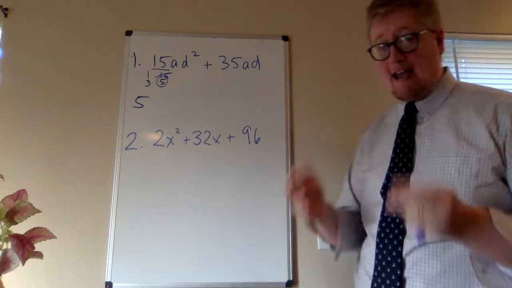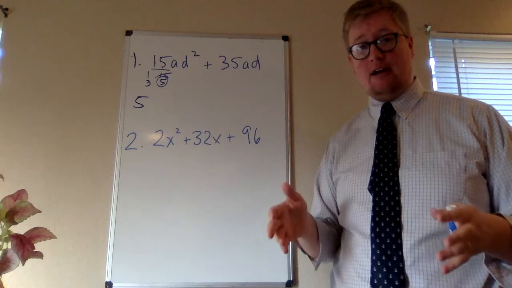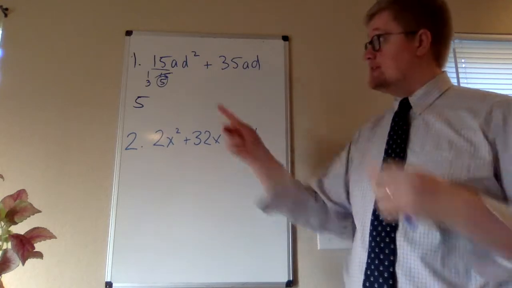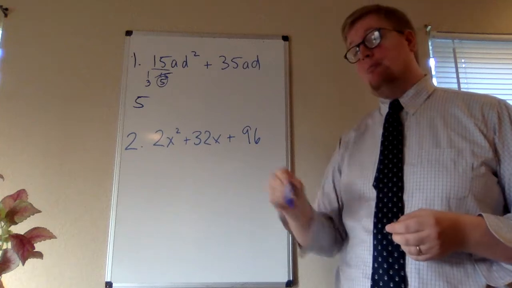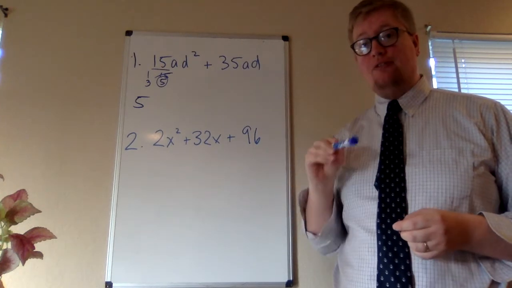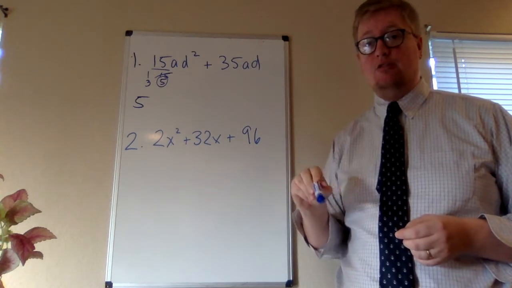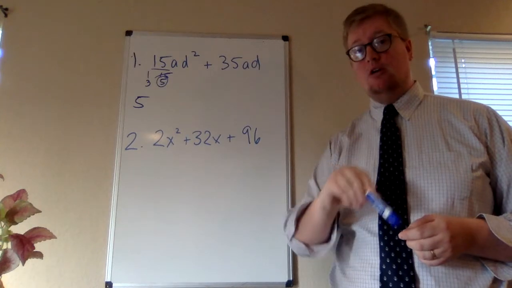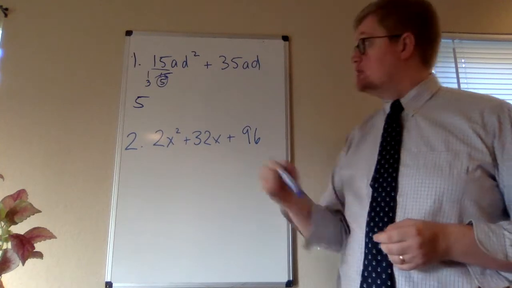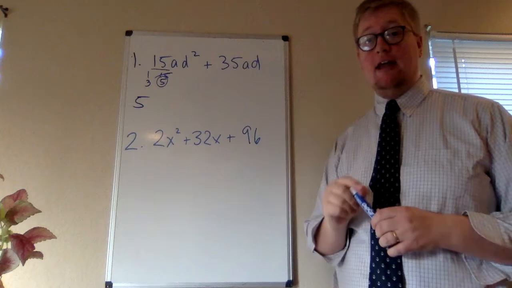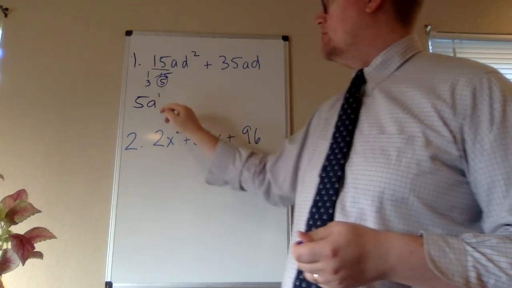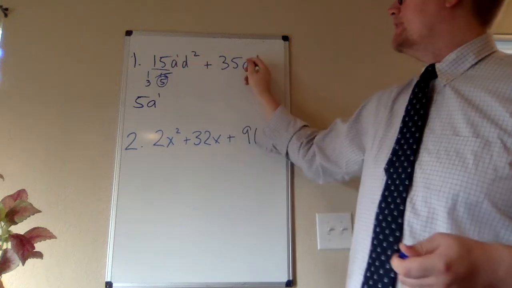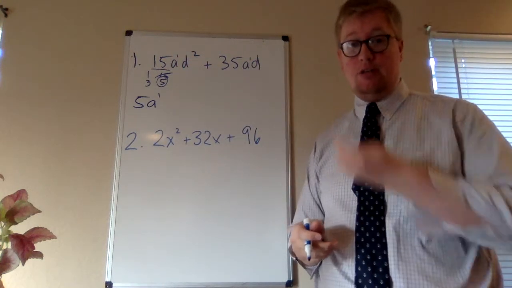So, is A part of our greatest common factor? Yes, A is because A is in both terms. Remember, when you factor out a variable, you're always going to factor out the lowest power that they all have. So right now, the lowest power amongst A and A is just A. There's no exponents there, so A to the 1 is going to be part of my GCF.